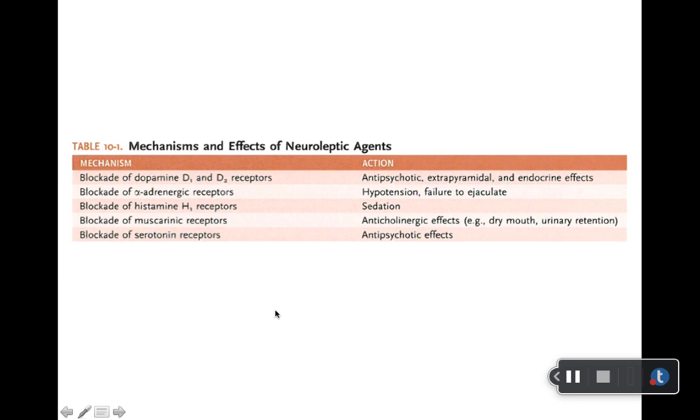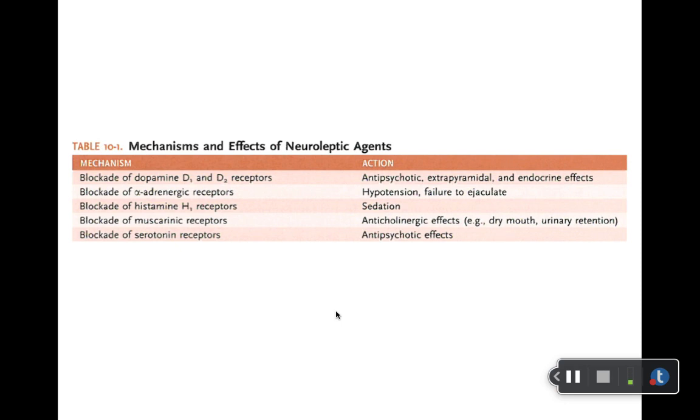This one too can maybe help with studying for mechanism of action. You don't have to explicitly memorize it, but it is good. It's kind of a good review too. Like, you block the histamine receptors, you get sedation, and we talked about that with the older antihistamine drugs. Muscarinic receptors, you have anticholinergic effects.